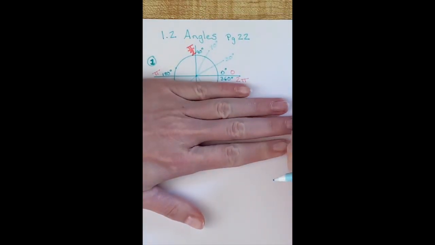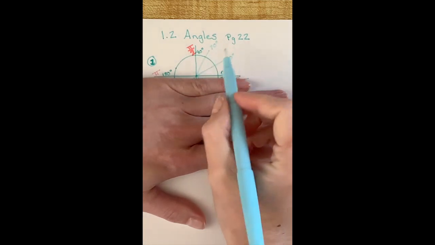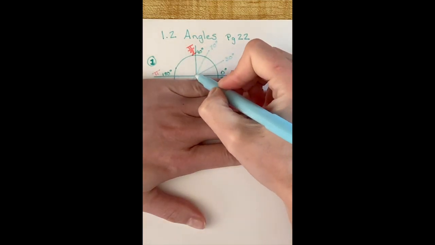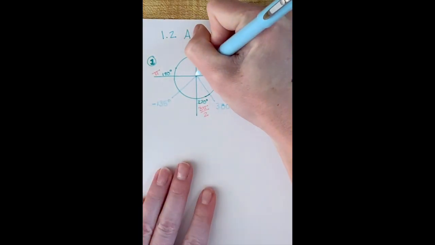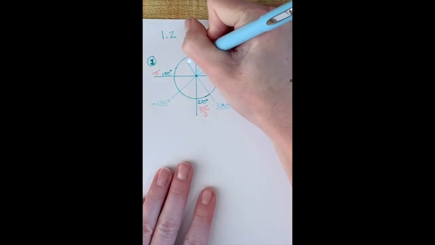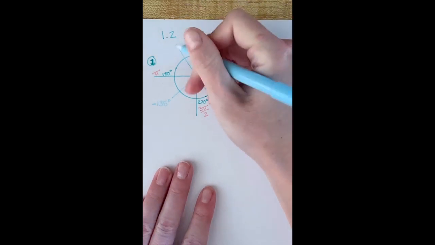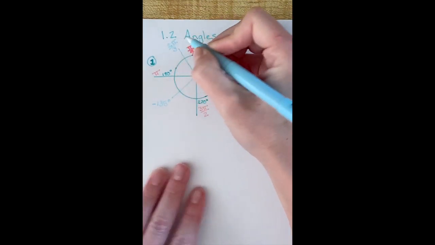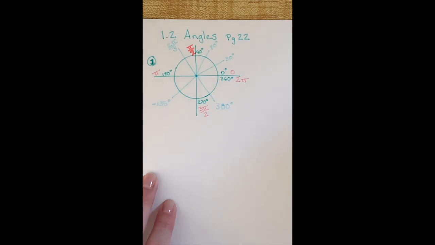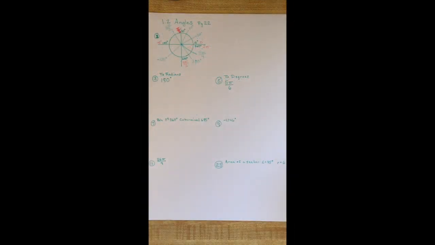So if we're looking at this as the whole thing, if I want to go to 2/3, 2/3 would be about right here. And then the next one, the very last one on that example, is 7 pi over 4. So 7 pi over 4 is more than 1 whole.